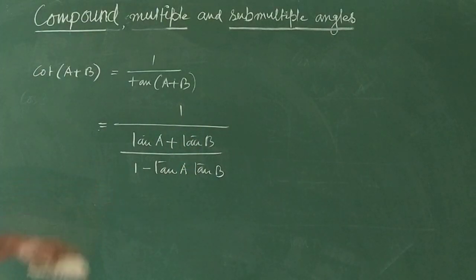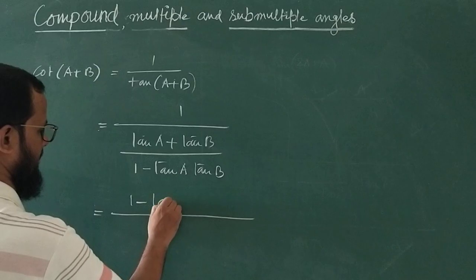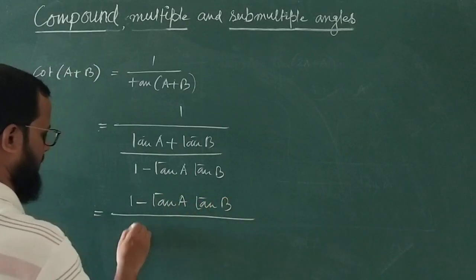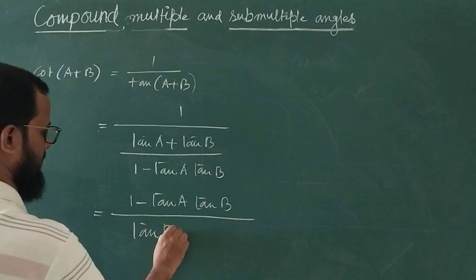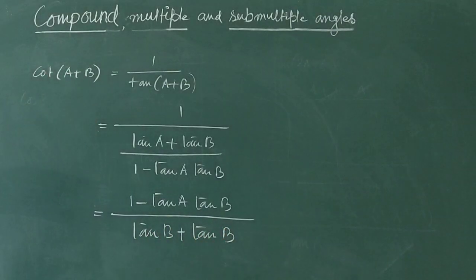Okay, then you reverse it, it will be (1 minus tan a tan b) divided by (tan a plus tan b). So this is cot of a plus b.